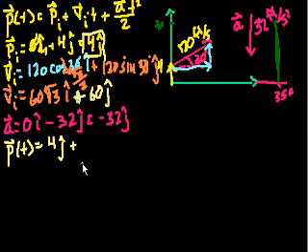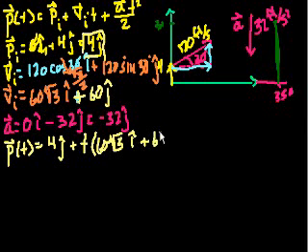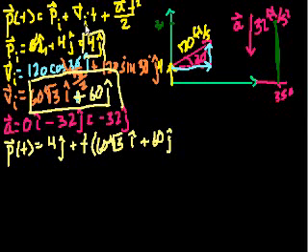What's the initial velocity? 60 square roots of 3I, and then plus 60j, times t. That's where I got it, because initial velocity times time.